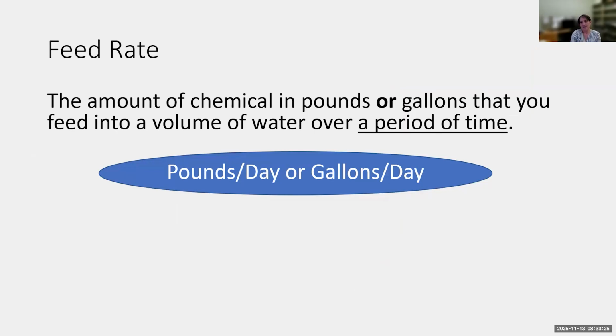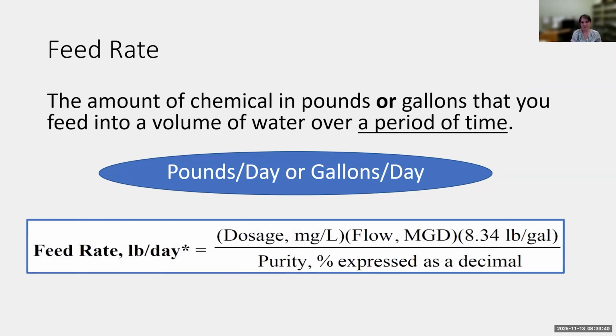So feed rate is the amount of chemical in pounds or gallons that you feed into a volume of water over a period of time. And it's expressed in units of either pounds per day or gallons per day. So this is the feed rate equation that you're given on the WPI formula sheet. Let's just take a minute to look at it and see what the different components are.